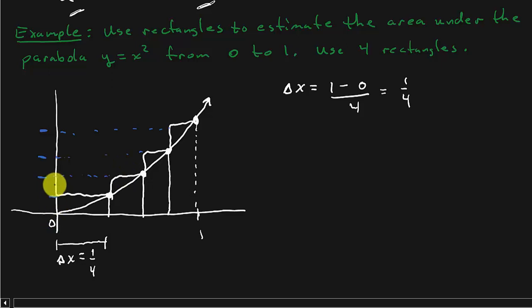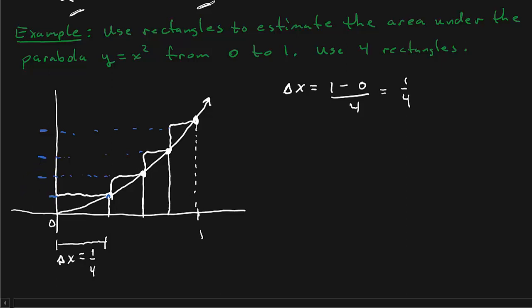Well, all that is the y values, right? So what would be this y value? Well, see this point here? We've got to get this x value, and then we take this x value, plug it into our function, and that'll give us the y value. And then we need this x value, plug it into the function, and that'll give us this y value. That'll be the height there.